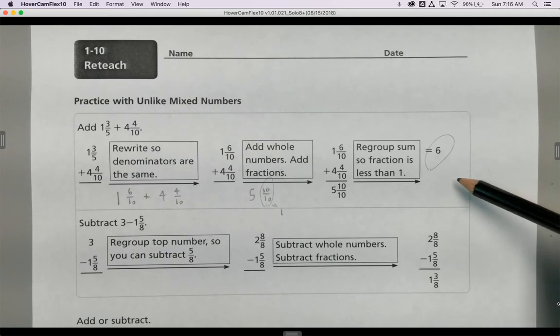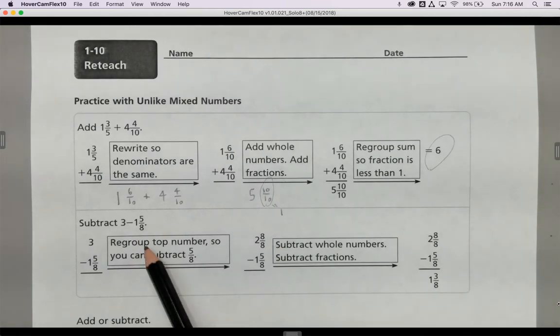The next problem, 3 minus 1 5/8. This might look strange at first because the 3 is just a plain old whole number. It's not a mixed number. So here's one thing that you can do if it helps you.